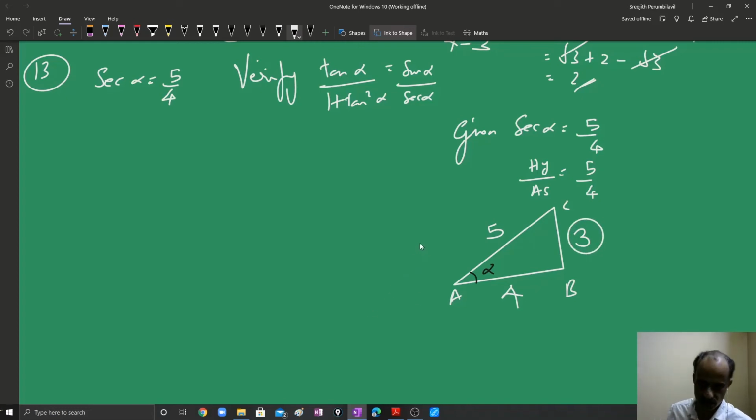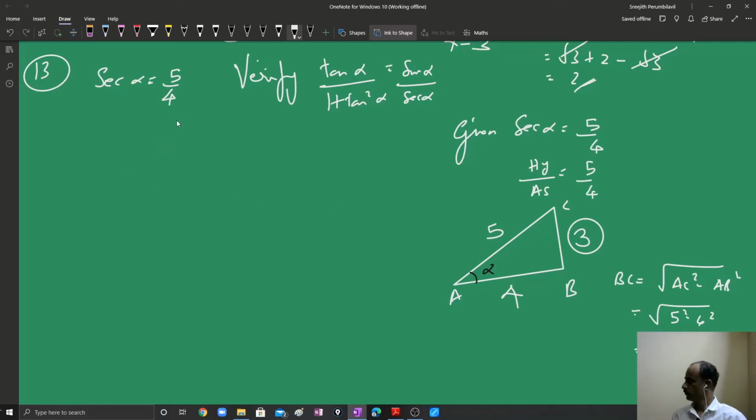I circled this just to identify that we found it. BC is equal to root of AC square minus AB square, root of 5 square minus 4 square, 25 minus 16, root 9, that is equal to 3.